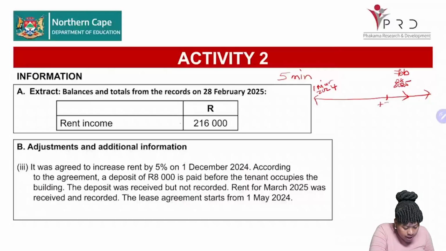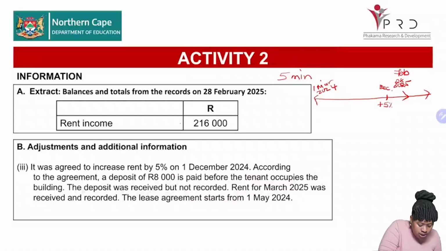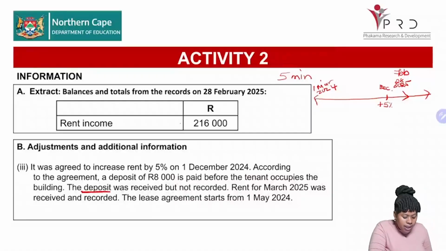There was a plus 5%. 1 December. And a deposit of 8,000 is paid before the tenant occupies the building. The deposit was received but not reported. Okay. Rent for March 2025 was received and recorded. Okay. The lease agreement starts on the 1st of May.